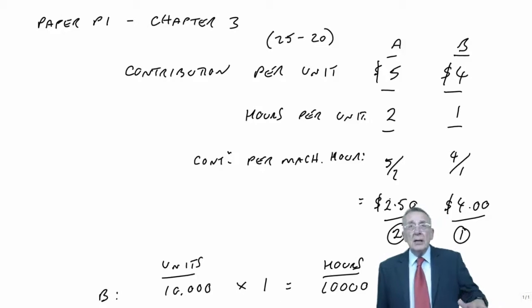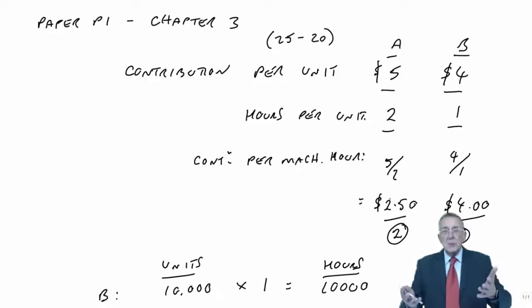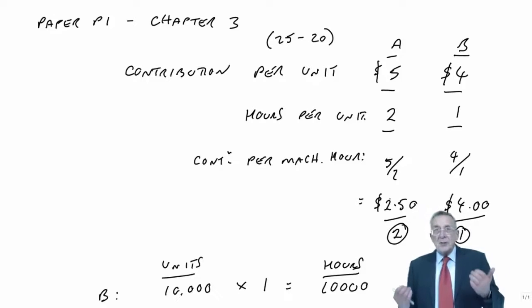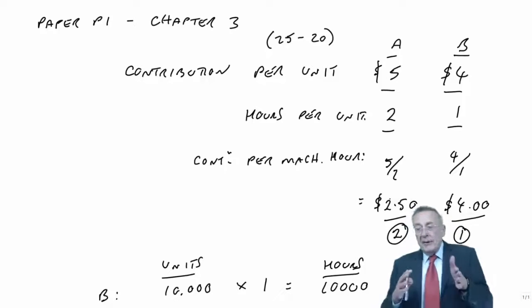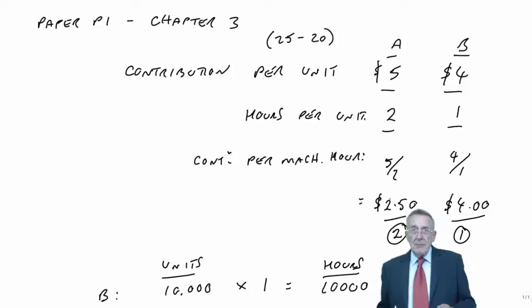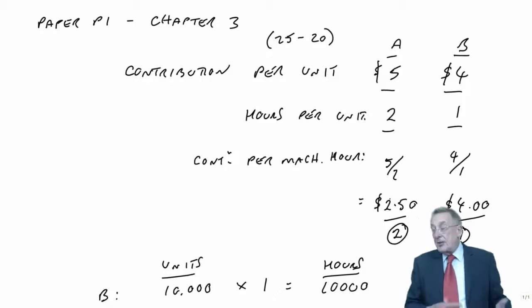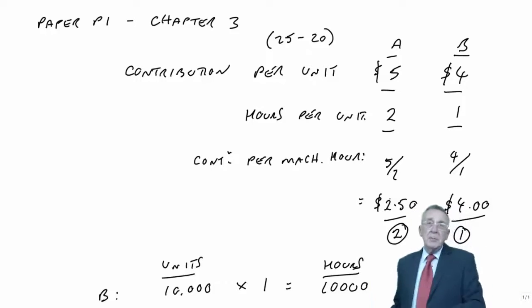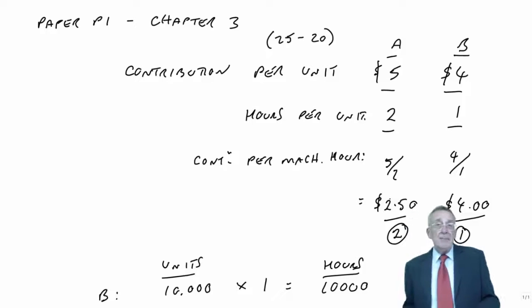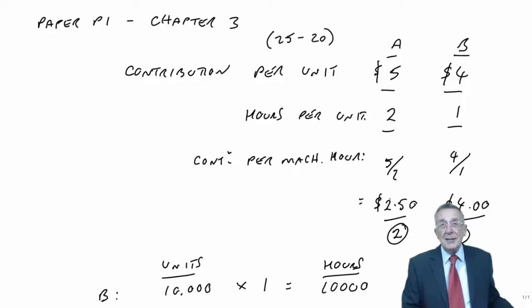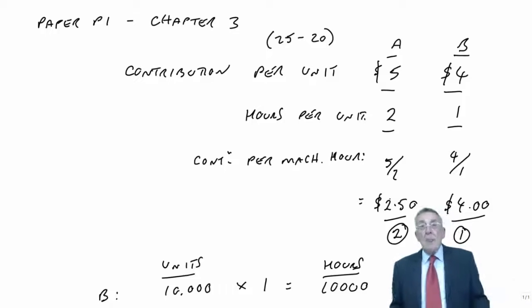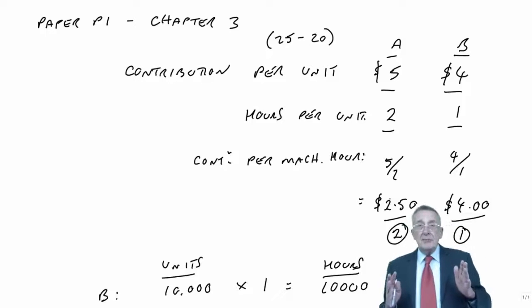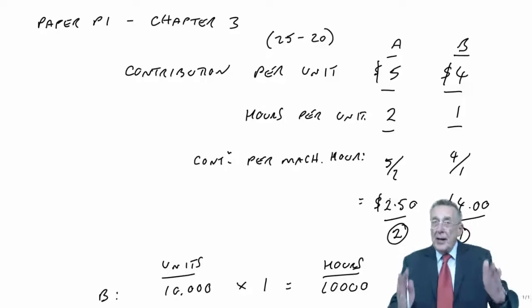For most businesses, you have a fixed labour force. Some weeks they're working harder and producing more, some weeks less hard and producing less. But in the short term, there's a fixed wages bill.